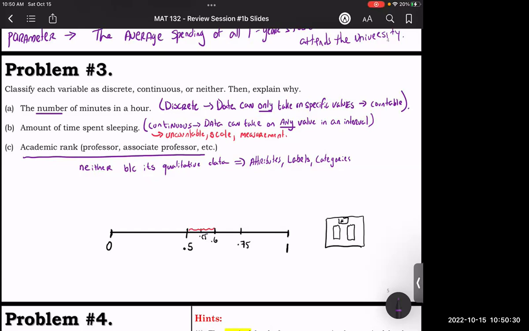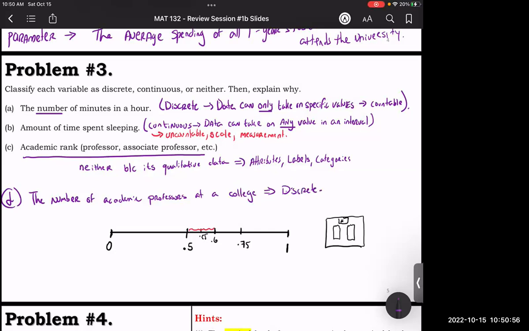Now let's do a part D. Let's say I wrote the number of academic professors at a college. Then this one would have been discrete, because I used the phrase the number.